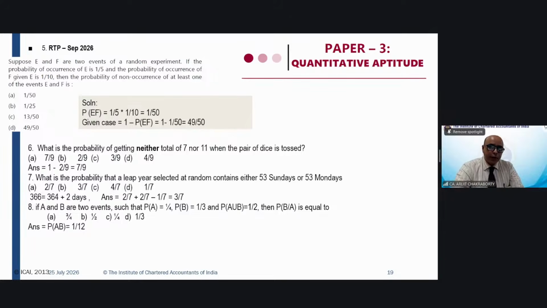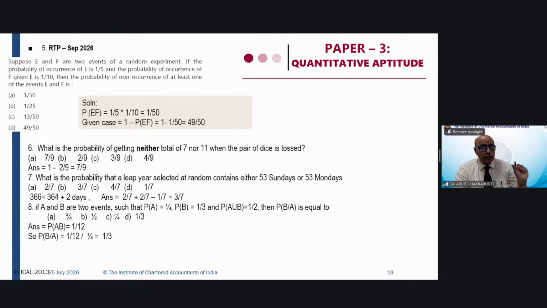P(A and B) is written as P(A), probability of A, into probability of B by A. So probability of B by A is equal to how much? Probability of A and B divided by probability of A. So probability of A and B is 1 by 12 and the probability of A is 1 by 4. So if you divide this, you are getting the probability of B by A. That means, how do we read this?